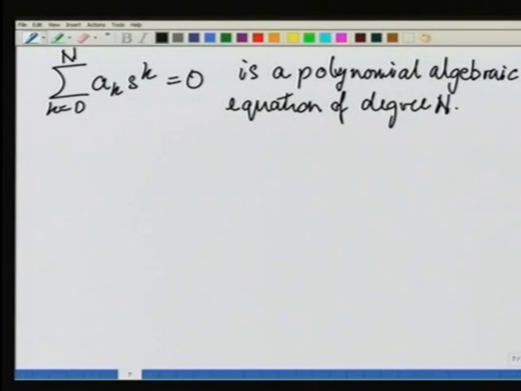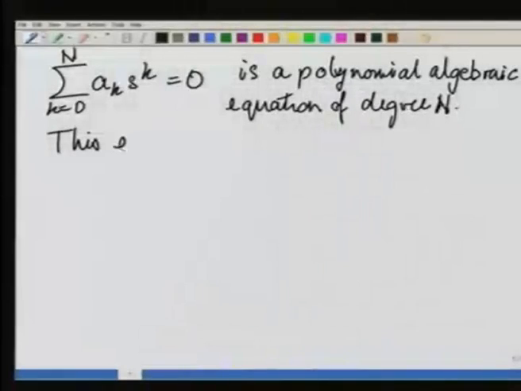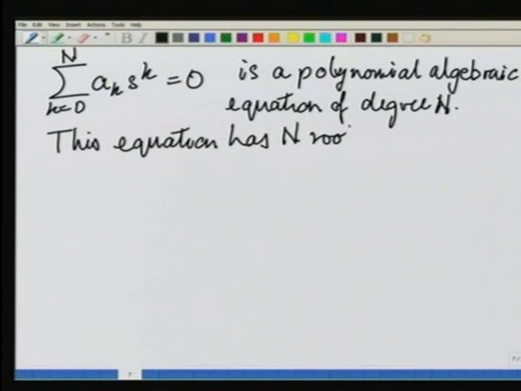So, let us dig out some of our results that we all know from high school about solving a polynomial algebraic equation. We know that this polynomial algebraic equation will have n roots. Because it is of degree n, it will have n roots. And what are roots? Roots are values of s at which the polynomial goes to 0.